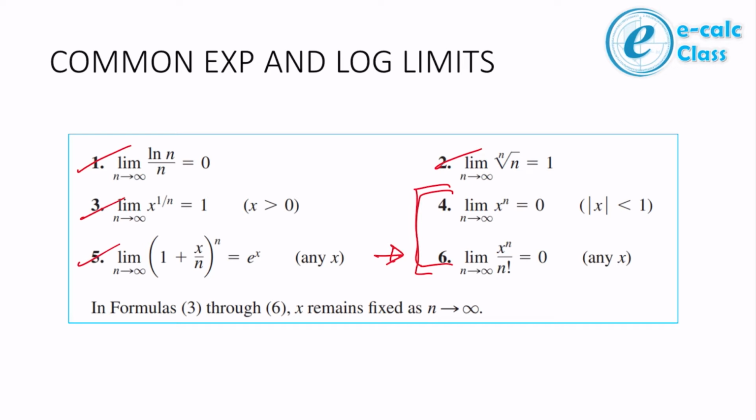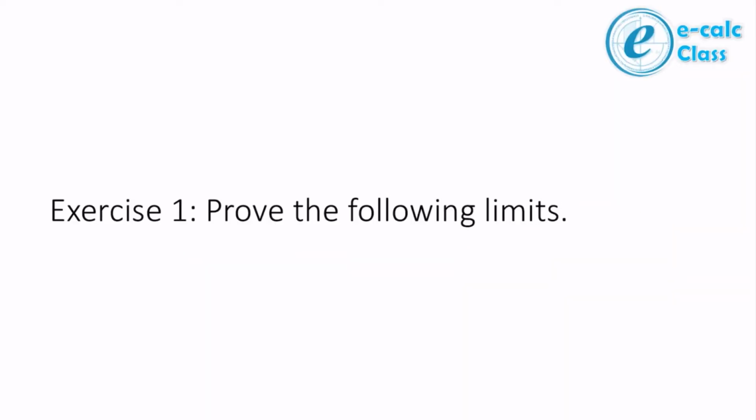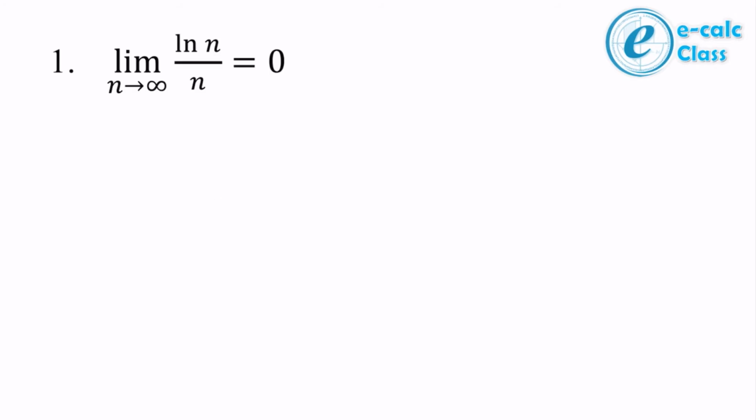For the first one, you have ln n over n. The exercise one, we need to prove some of them. So for the first one, the limit as n approaches infinity of ln n over n. Remember from earlier, I mentioned how we evaluate limits. We can use L'Hopital's rule, which states that whenever you have a limit of a quotient, you can differentiate the top, then differentiate the bottom.